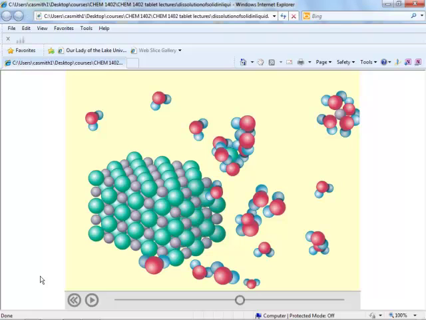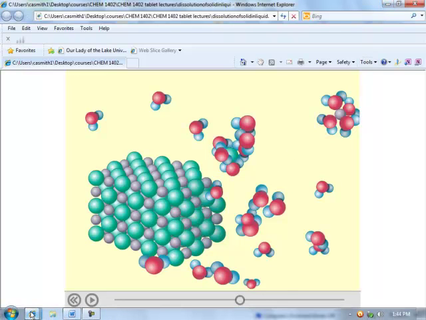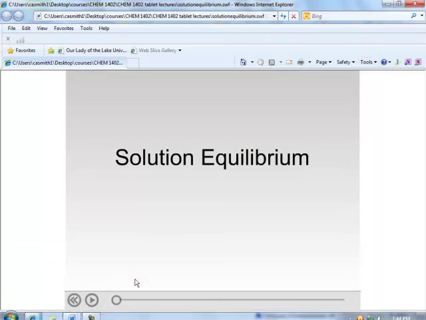So close. You're going to have all these hydrated ions around here, but you can't stop the dissolving. It's still going to come up here and pull some off. It's just that it has to redeposit them back on again. And they know that happens because you get new surfaces, fresh surfaces. So it recycles. So the movie isn't as great as it should be, but it does an okay job.